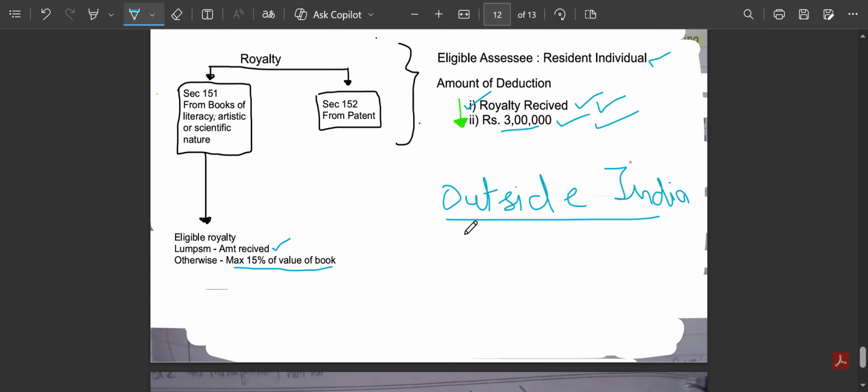Means firstly, it should be brought in India in a convertible foreign exchange, and it should be brought within 6 months from the end of the tax year, or if there is any other time as specified by RBI. That's all.